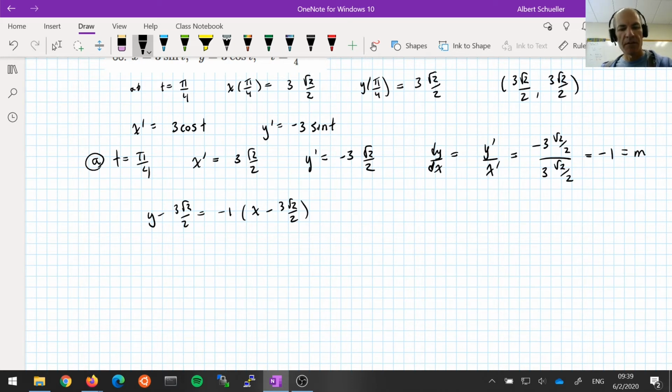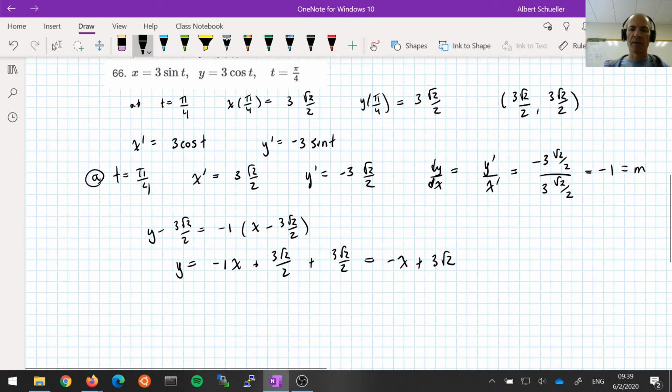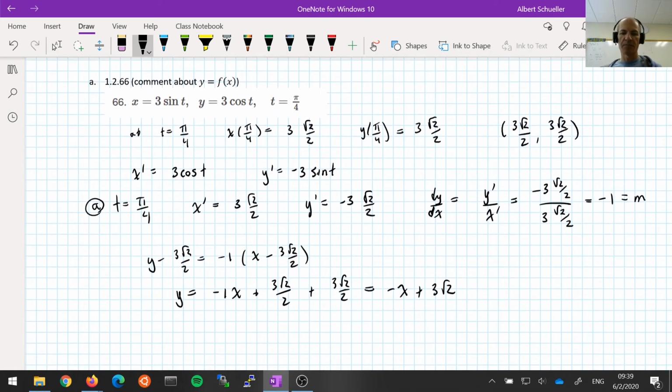We can simplify this and put it into the mx plus b form. Negative 1 times x plus 3 root 2, distributing that negative 1 into the parentheses, and then add 3 root 2 to the left-hand side, and simplify: negative x plus 3 root 2. That's the equation of the tangent line at this location.